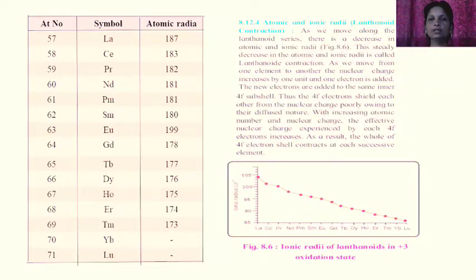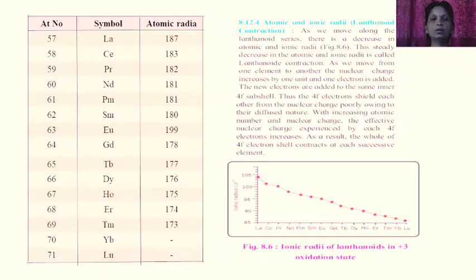With increase in the atomic number and the nuclear charge, the effective nuclear charge experienced by each 4f electron increases. As a result, the whole 4f electron shell contracts at each successive element. So the steady decrease of the ionic radii and atomic radii is shown in figure 8.6.